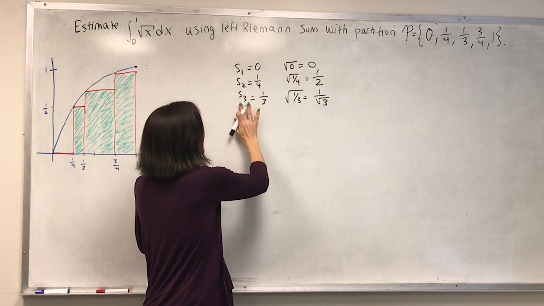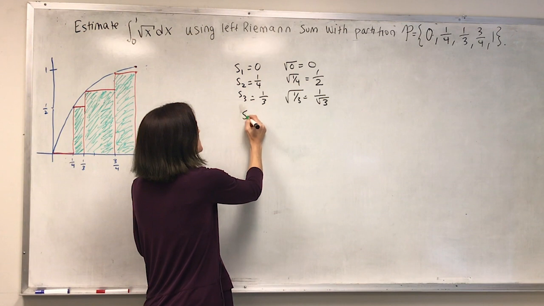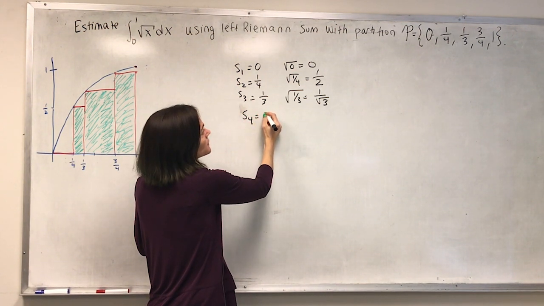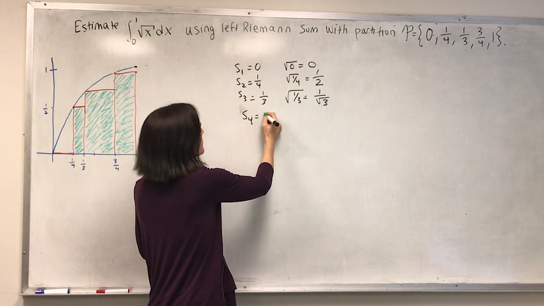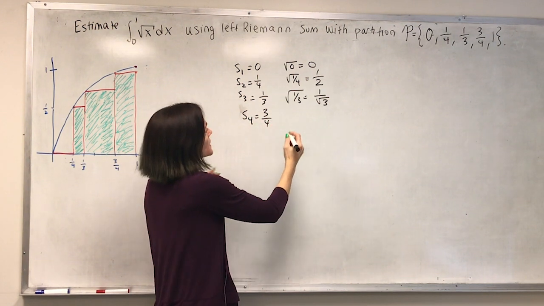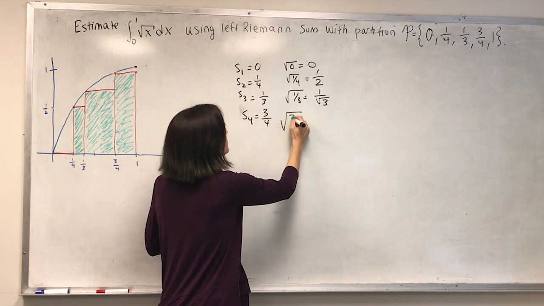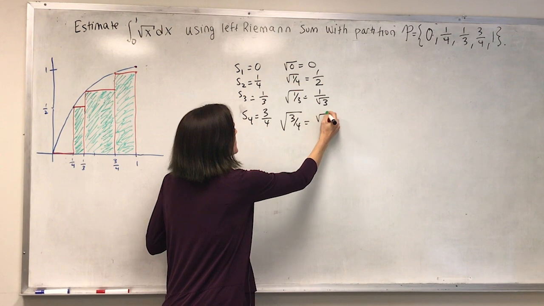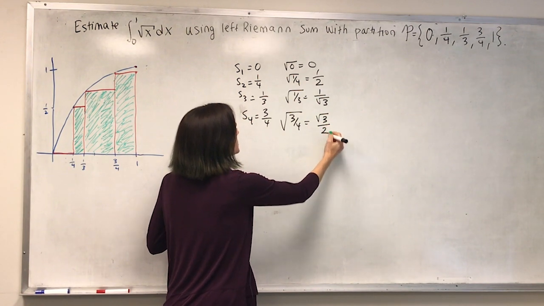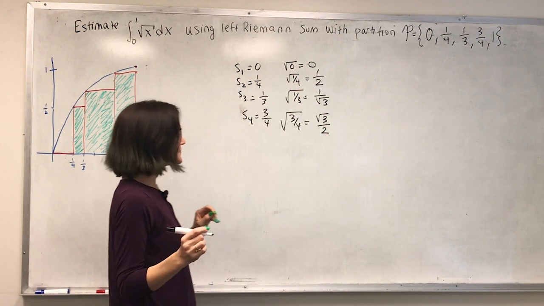And finally, S4 is 3/4. This is our last one, and the square root of 3/4 is going to be the square root of 3 over 2, like this.